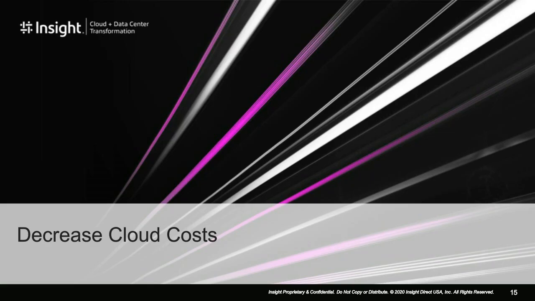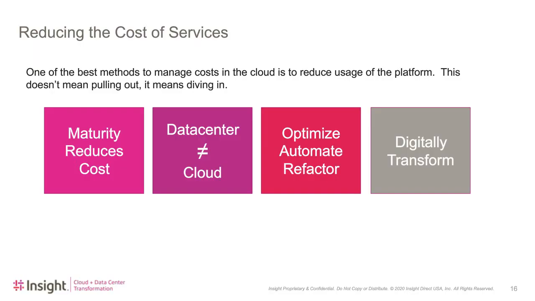Move on to ways to decrease costs in the cloud. Reducing the cost of services in the cloud comes in a couple different ways. As you mature how you're leveraging the cloud, the costs will naturally decrease. So here's an example.